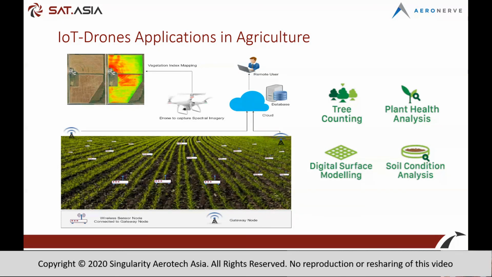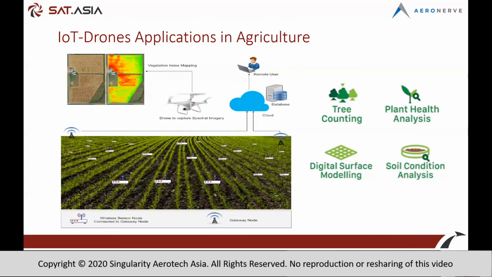So the number of healthy plants tells you how much you can produce in the next harvest, for example. So you need that information. Tree counting is something that is very basic for IoT application. You can do it using a commercial drone too, no problem.